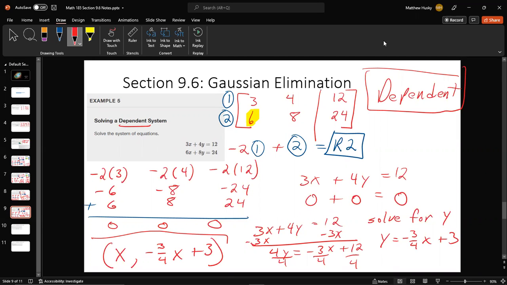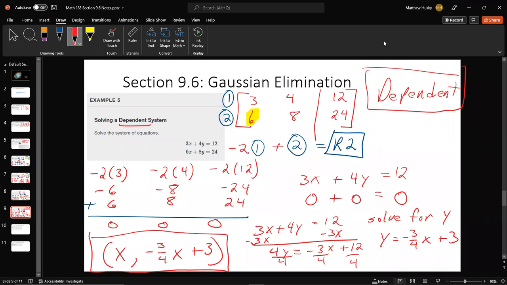So that is a dependent system. The solution depends on what the value of x is. And if I know a value of x, I could then find a corresponding y value to go with it. But that's part of the logic of why they call this a dependent system. What the answer is depends on knowing one of the numbers to begin with.